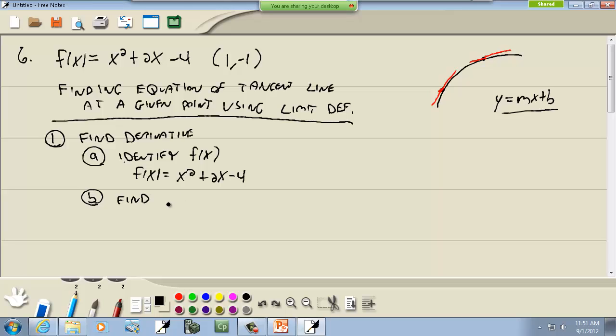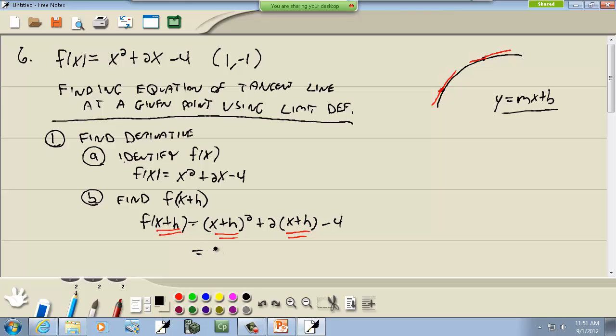Now our second sub-step is to find f of x plus h. Again, this is evaluating the function. We're going to go through, and everywhere we have an x in our function, we'll put in parentheses. So we've got parentheses squared plus 2 times parentheses minus 4. Again, everywhere there's an x, I just put in parentheses. Now whatever's inside these parentheses automatically goes in over here. So this becomes x plus h, and this is x plus h.